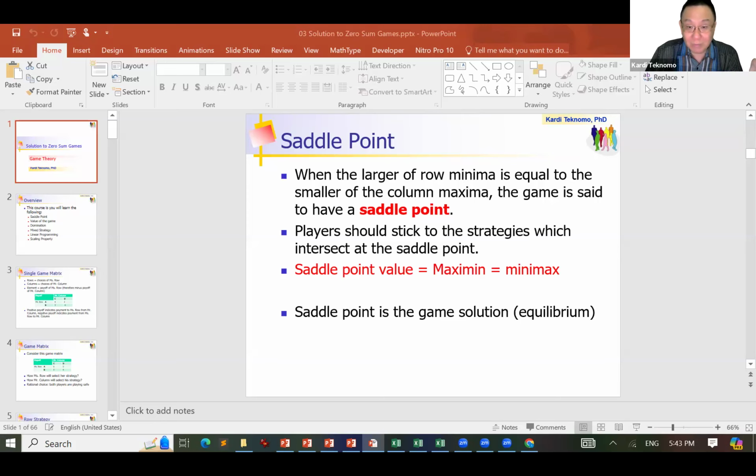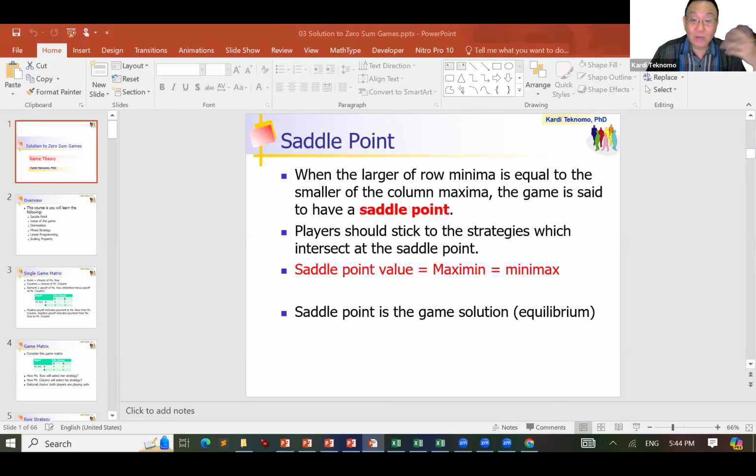That means if you can find maximin equal to the minimax, that is the saddle point value. Okay, so this saddle point value is called the game solution, or we call it equilibrium.